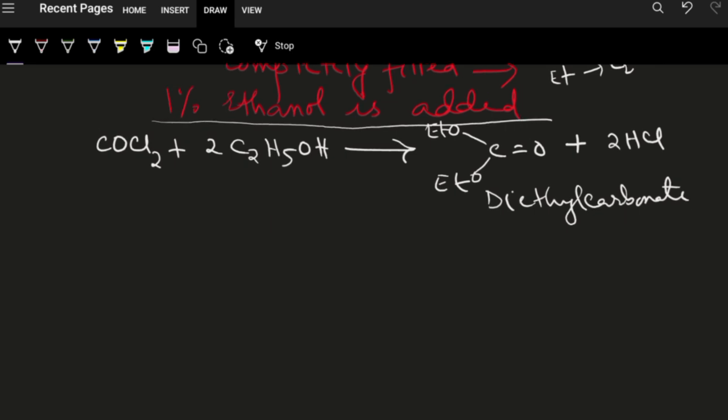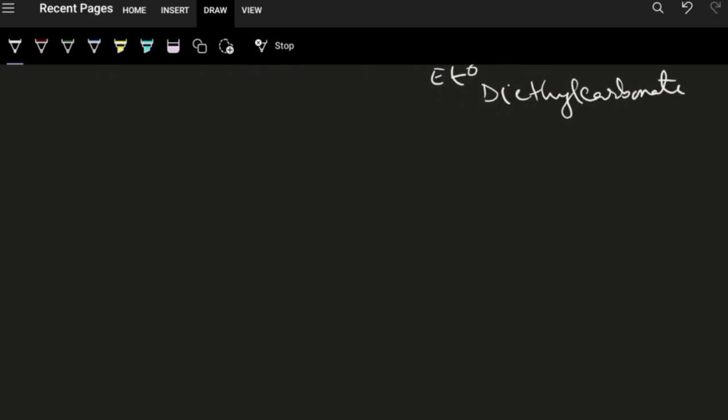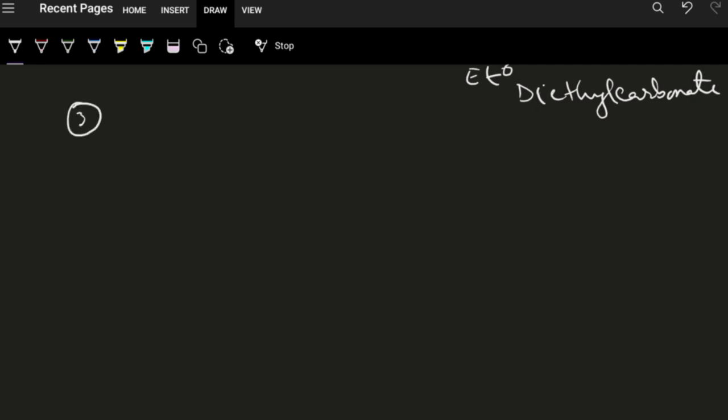So, on account of this production of phosgene by oxidation, nowadays it is not used for anesthetic purposes. Now number 3, iodoform, I told you. Iodoform is actually a haloform.